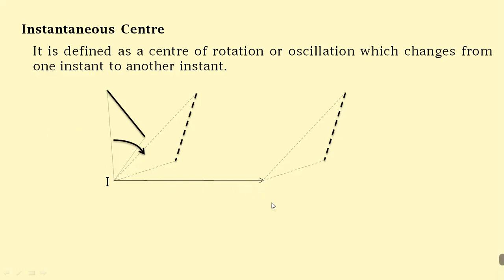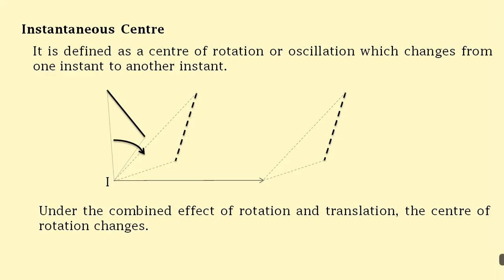That means the link having an instantaneous center means that link has to be under the combined effect of rotation and translation. Then only the instantaneous center changes. So I told you that under the combined effect of rotation and translation, the center of the rotation changes. Next we consider one more example.